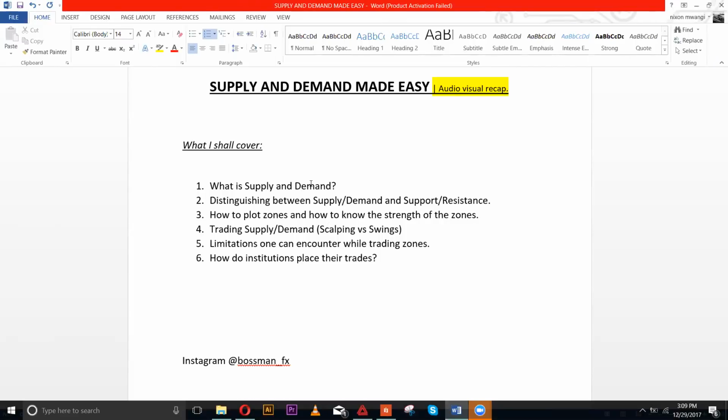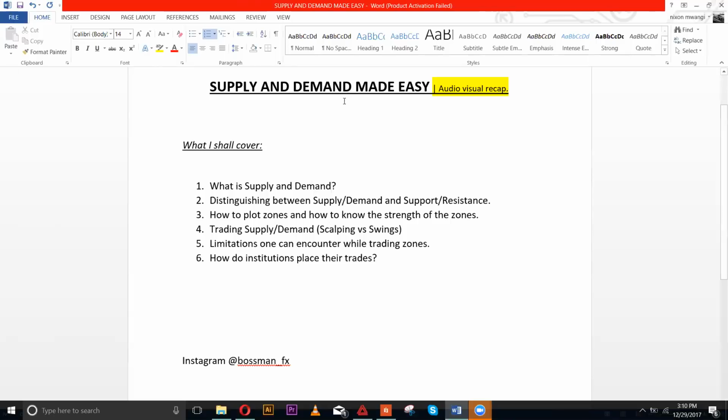So to me, the easiest way I can say it is, supply and demand are areas on the chart in the market where institutions place their trades. For a supply zone, that's where institutions have their sell orders, and demand zones are where institutions have their buy orders.